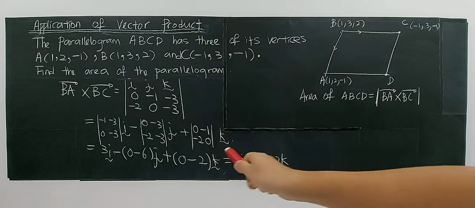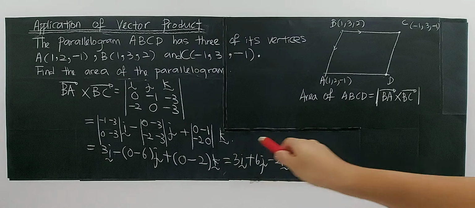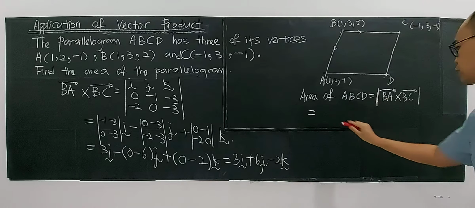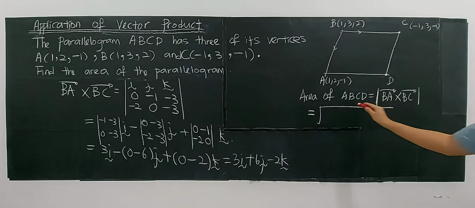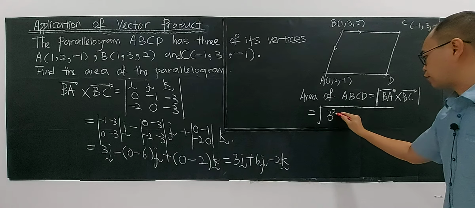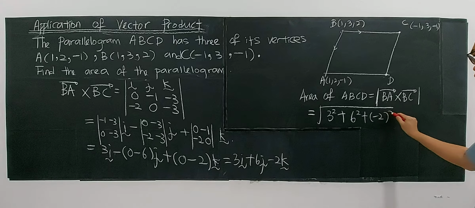Finally, we want to find the area of the parallelogram. Very simple: find the magnitude of BA cross BC. The magnitude of a vector is found by taking all the coefficients, squaring them, and summing the squares, then taking the square root.